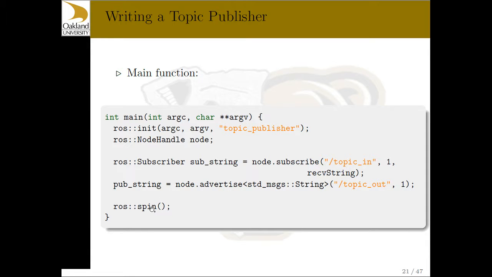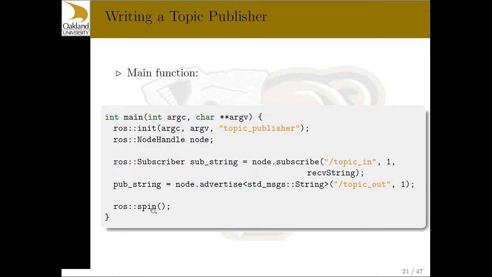What ROS spin does that is special is that it monitors any topics that you're listening to. It'll sit there and loop and do nothing while it's sitting here. But as soon as the ROS system says, hey, you just got a new message on this topic in, it'll break from that and go service this callback function and then go back to just looping again.